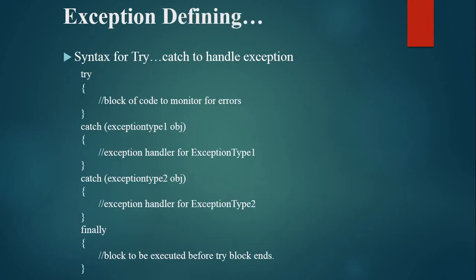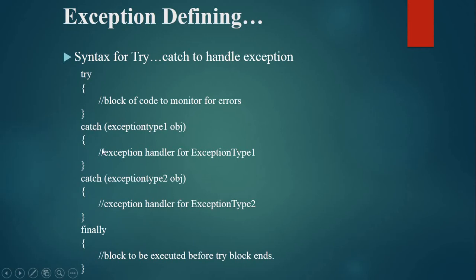Now here is the simple syntax for try and catch. Try and catch will handle the exception. We will have this try block, and in the try block we will have code in which some exception or error might happen. If that error happens, then it will be handled by the catch block.